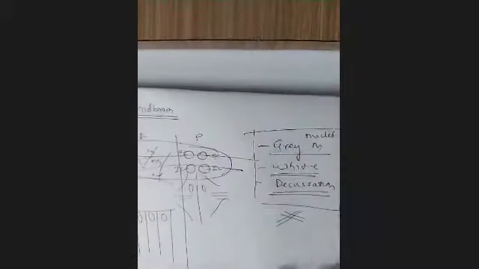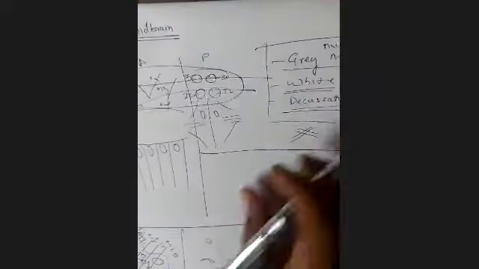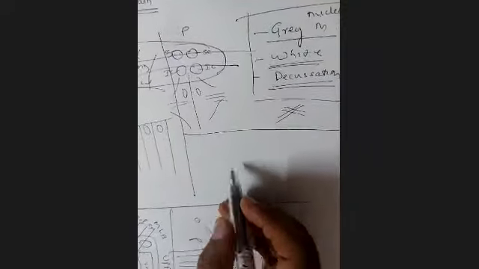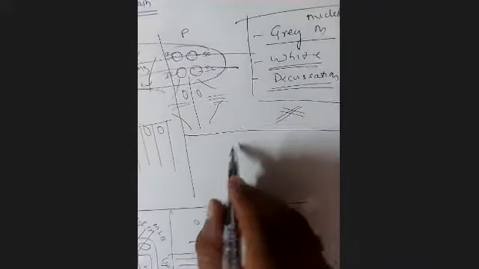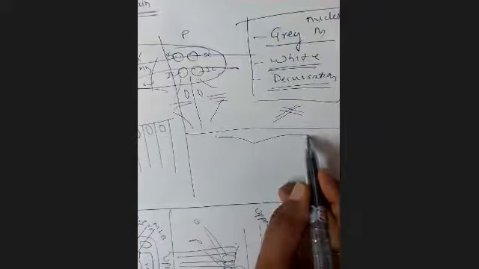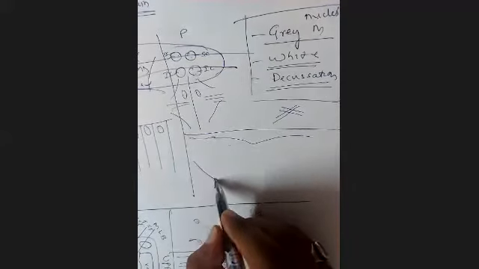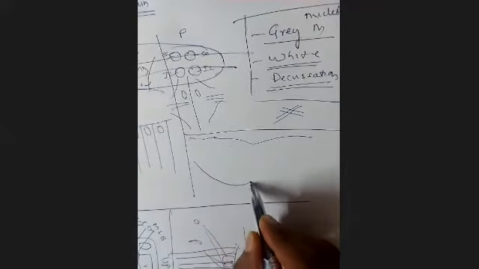Now coming to the last part of the pons, the applied anatomy of the pons. Applied anatomy is mostly for the section passing through the lower part of the pons.